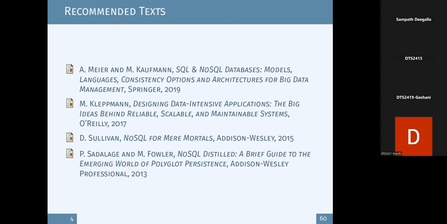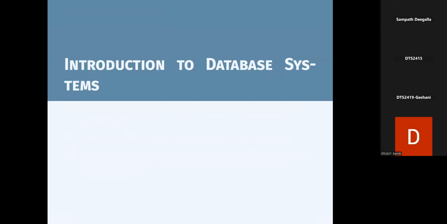And then we will start by looking at a basic introduction to relational databases. Okay. So with that said, in this part, I'm going to talk about the very basic ideas of database management systems. You can think of it as a review of what you generally learn in undergraduate courses.